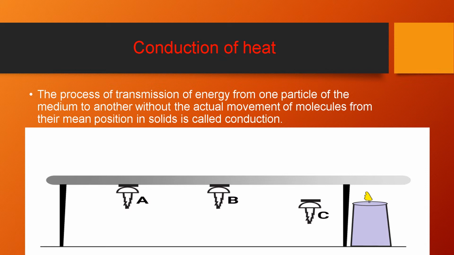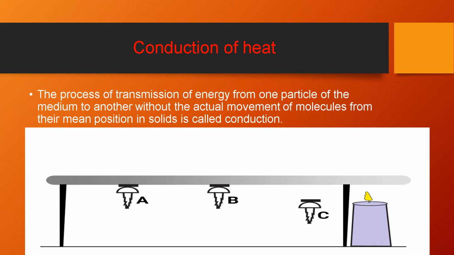Once you start heating this one end of the ruler, you observe that the thumbtack or pin which is attached closest to the fire will fall down first. Like here you can see C1, it is falling. Then after a few seconds you will see B drop, and then A will drop. How is it possible? Why does this happen in order?